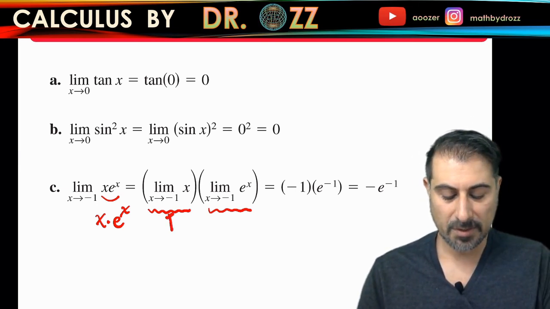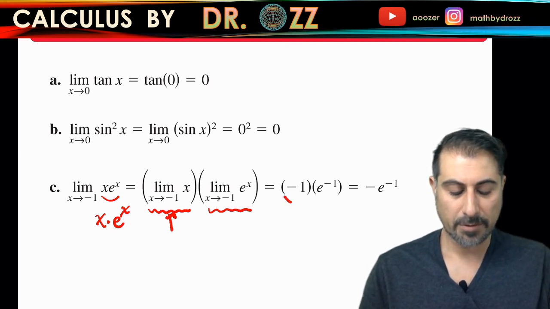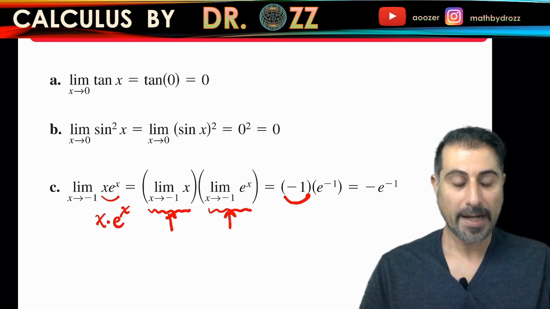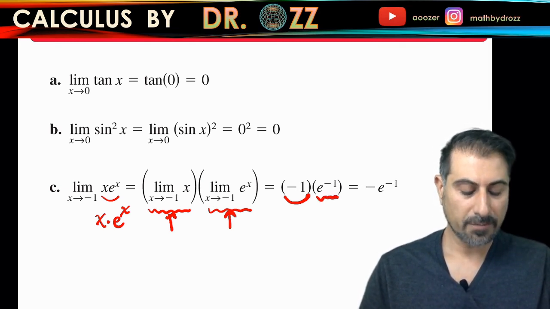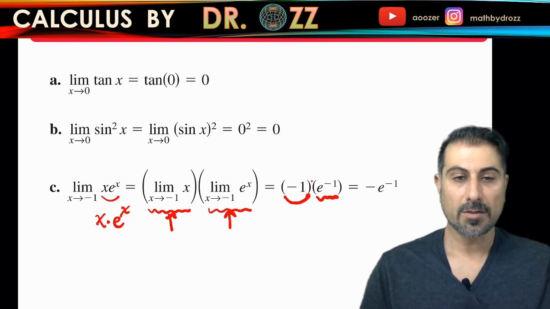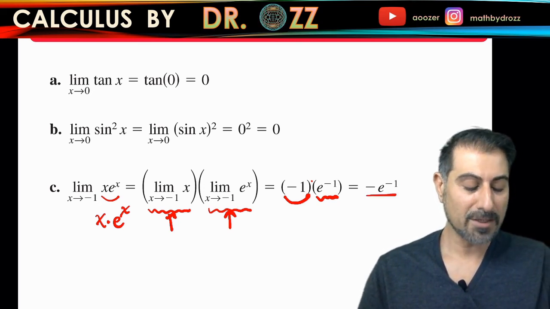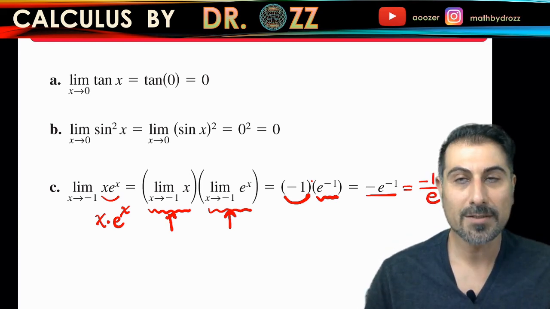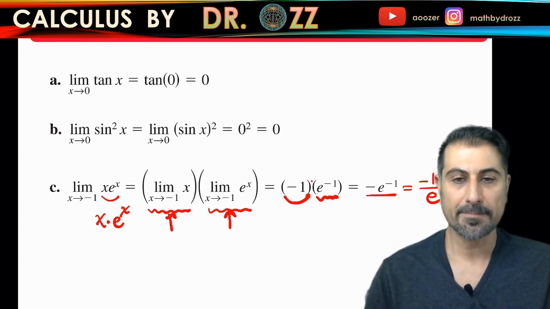This limit is easy because you're using direct substitution, so x is -1. And this limit as well is easy because you're substituting -1 for x. So that takes you to e to the -1. You have a product in between, so the product is going to be -e to the -1, or in other words, you can use the reciprocal. It's -1 over the number e.